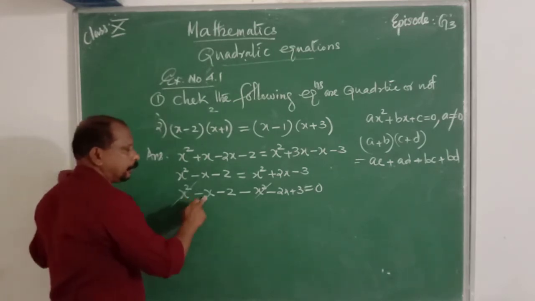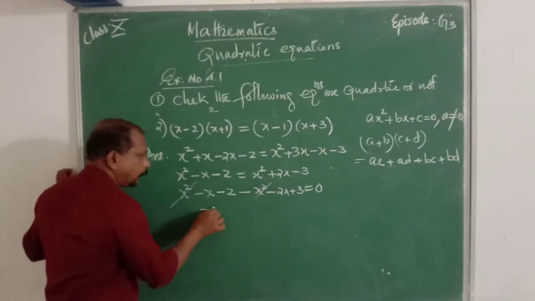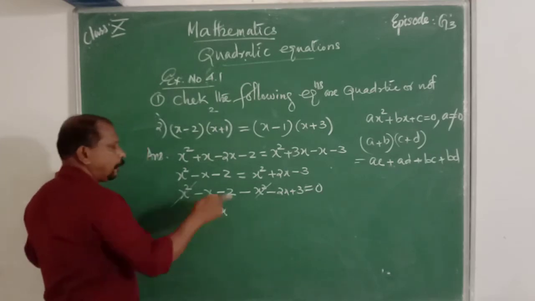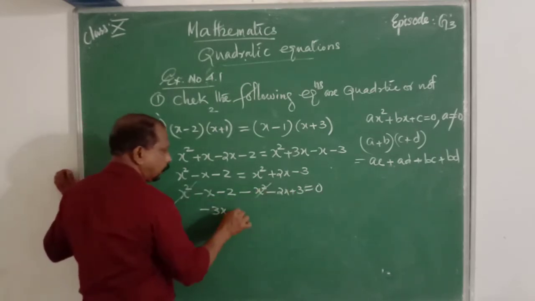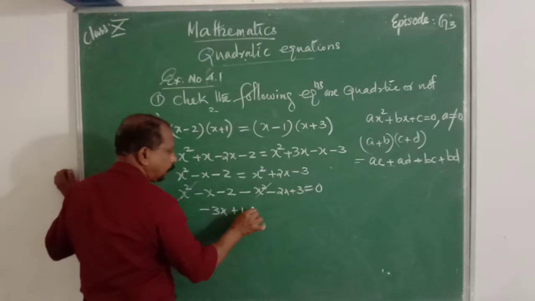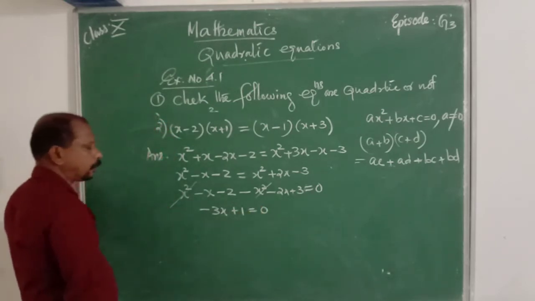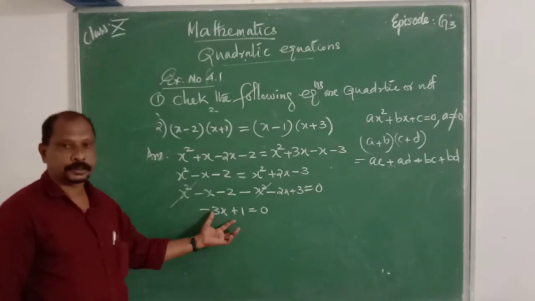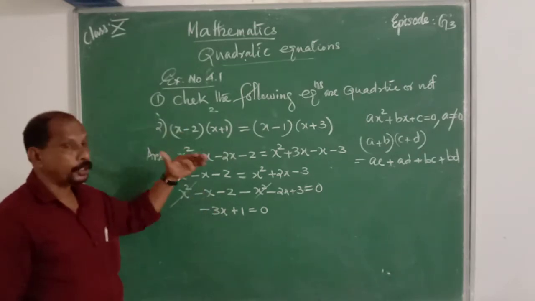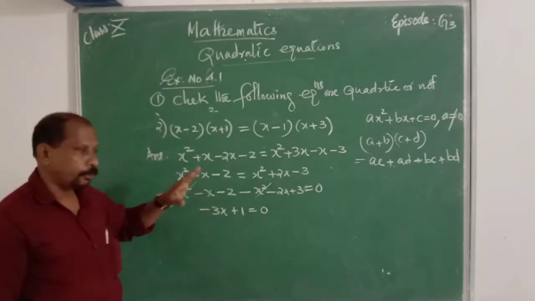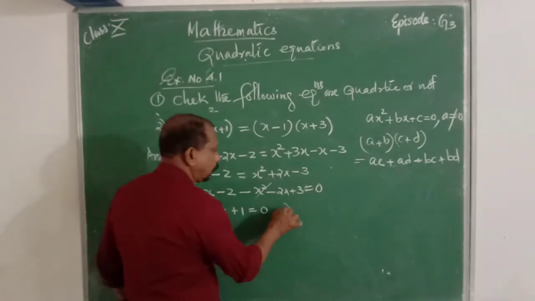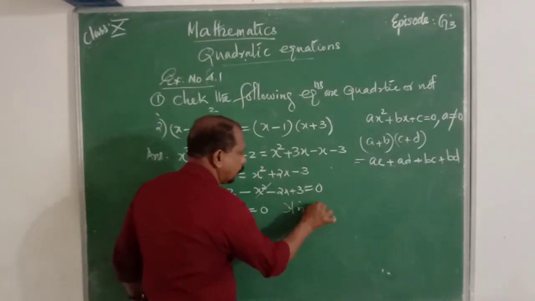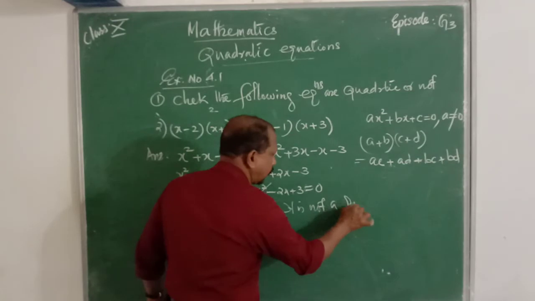Minus x minus 2x is minus 3x. Minus 2 plus 3 is 1. Listen, this is not a quadratic, this is a first degree equation. Therefore, the given equation is not a quadratic.